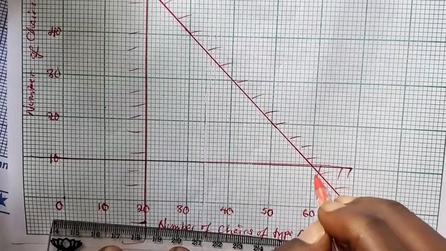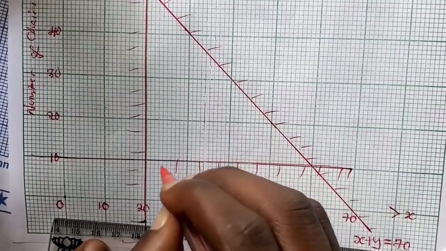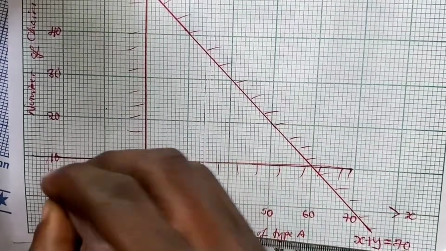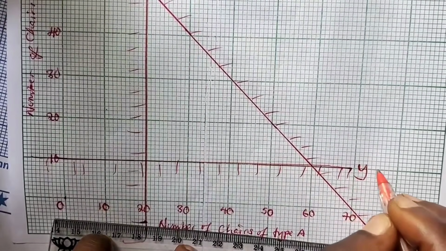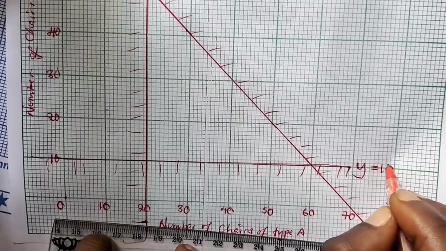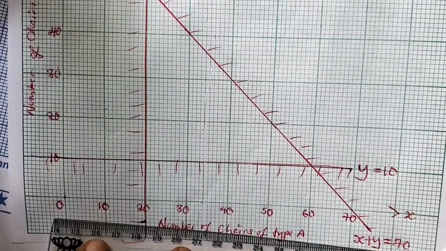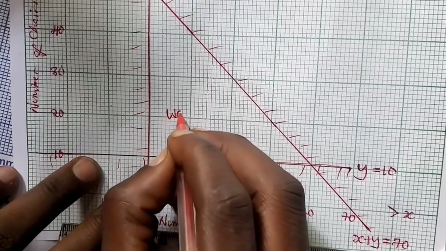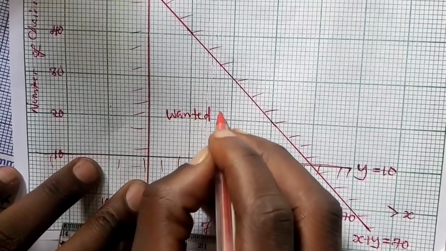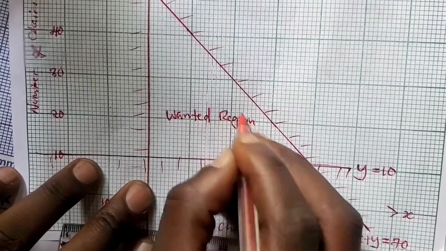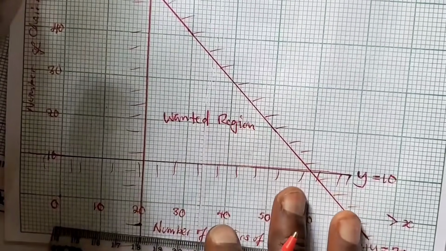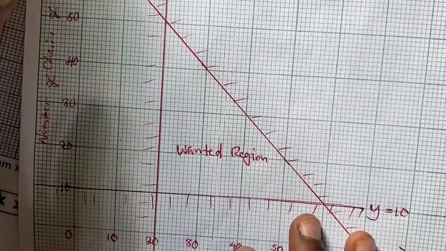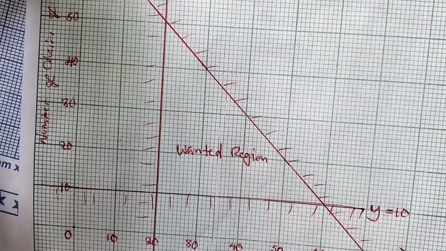You shade the less than part because the wanted region should be on the greater than part. So this is y equals 10. So now this is the wanted region. This is the feasible region. That is the wanted region.